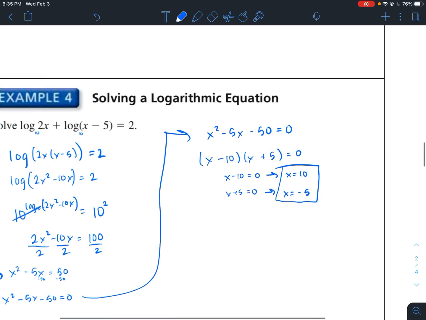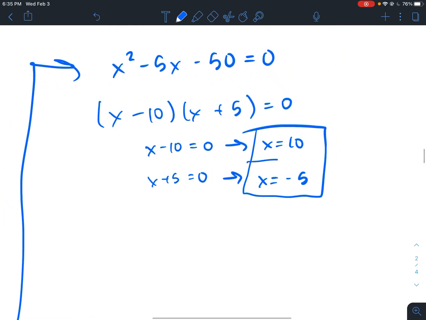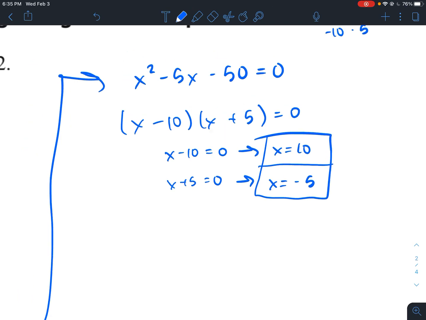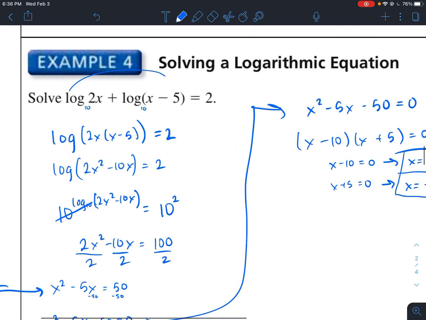Now we have to be careful. We have to check for any extraneous solutions. So we did this in the last section, in section 4. We have to make sure that these solutions still work if we were to plug them into this equation right here.